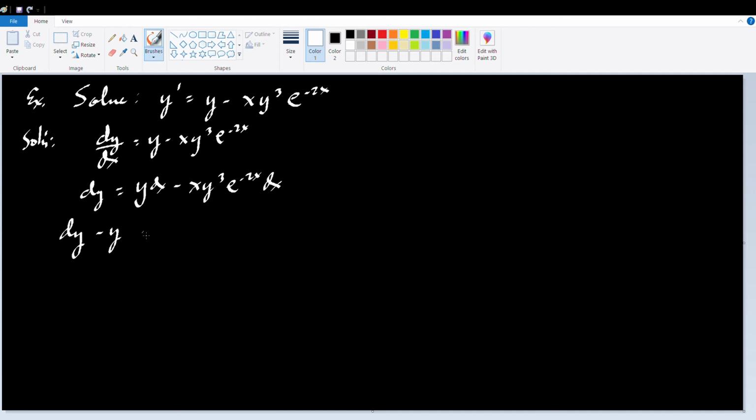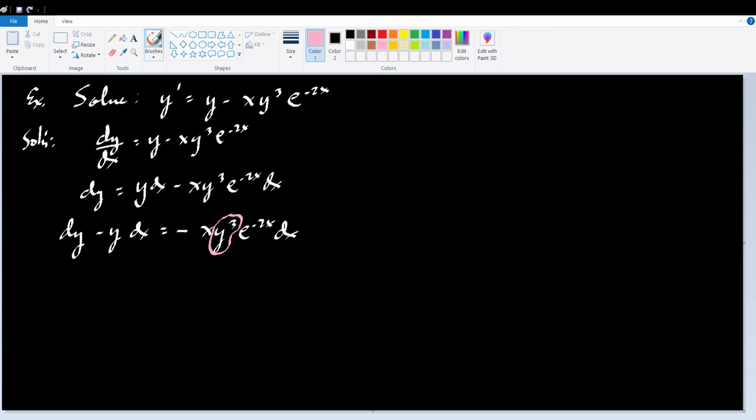Minus y dx equal to negative xy cubed e to the minus 2x dx. This is almost linear except for the power y cubed appearing as coefficient of dx.